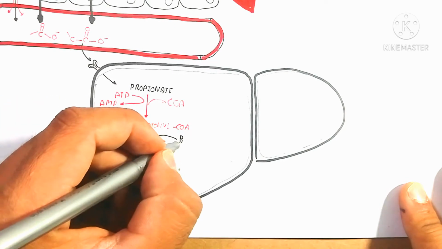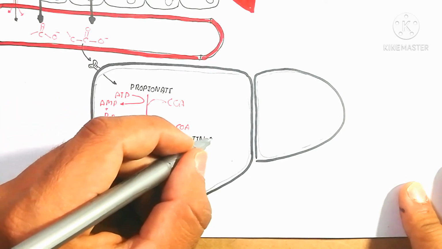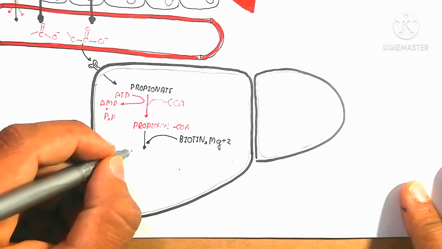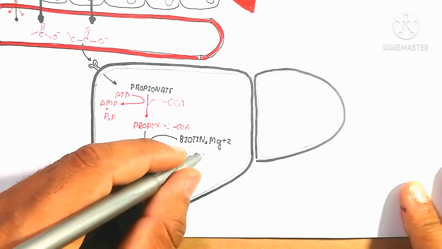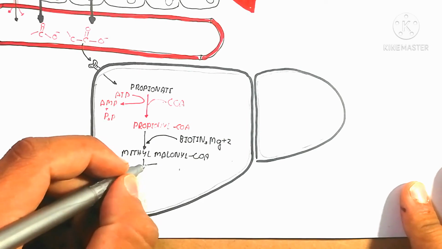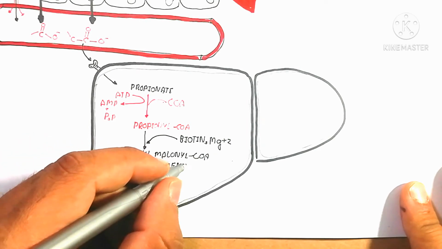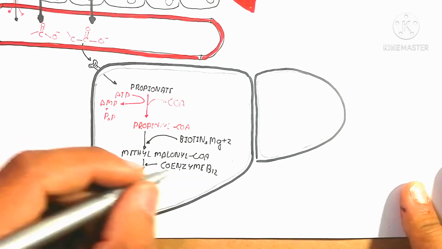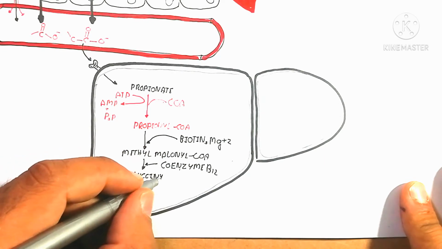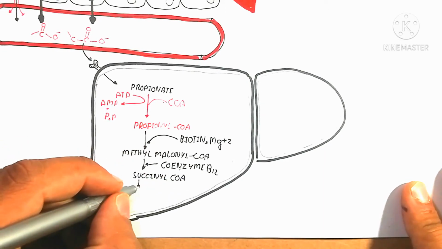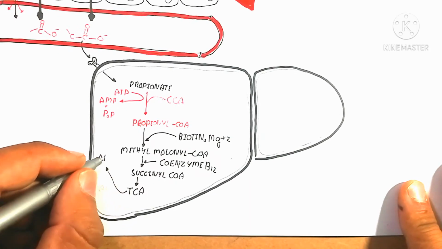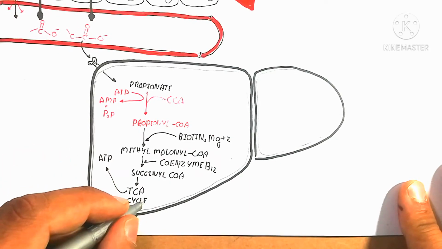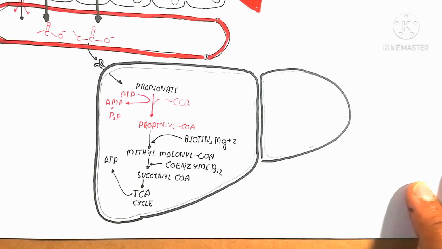This propionyl CoA uses biotin and magnesium ion as cofactors to produce methylmalonyl CoA, and this methylmalonyl CoA uses coenzyme B12 to produce succinyl CoA.